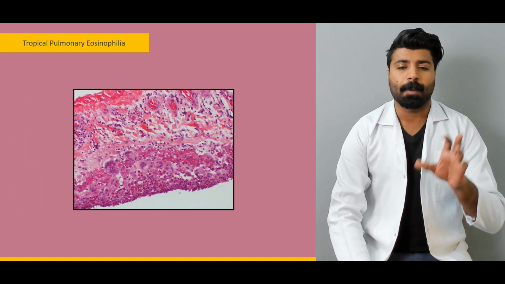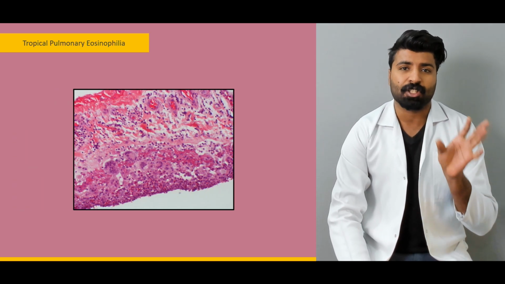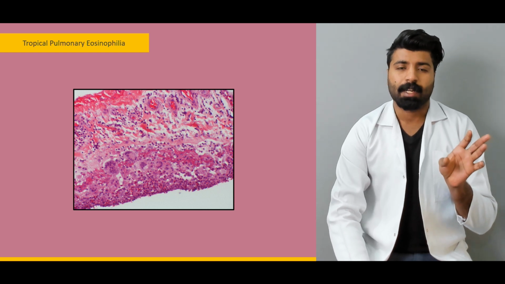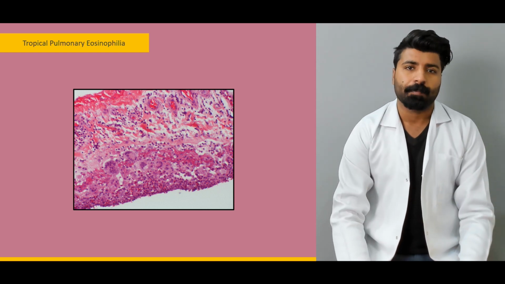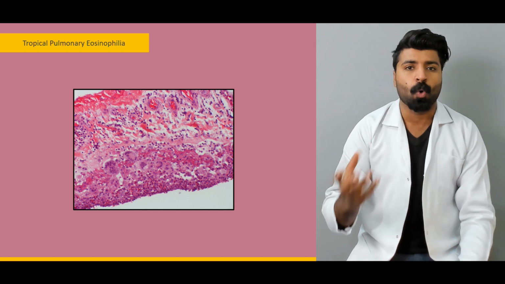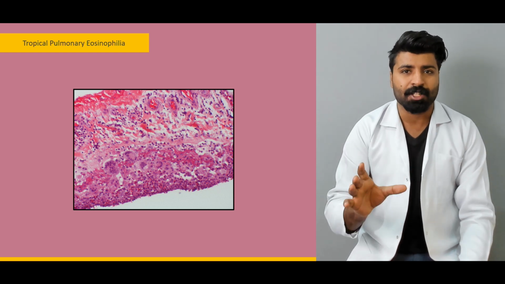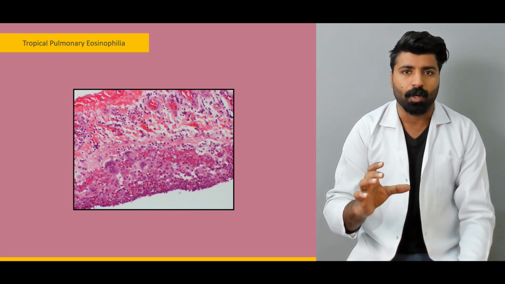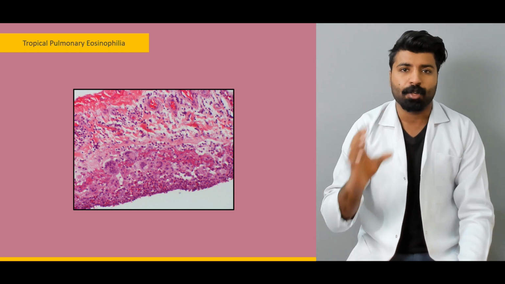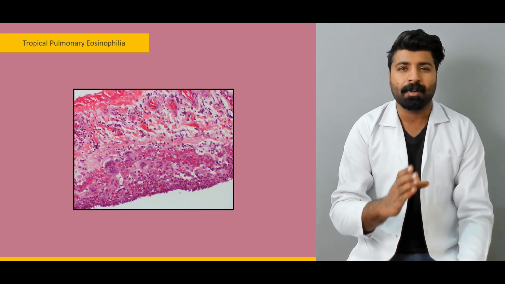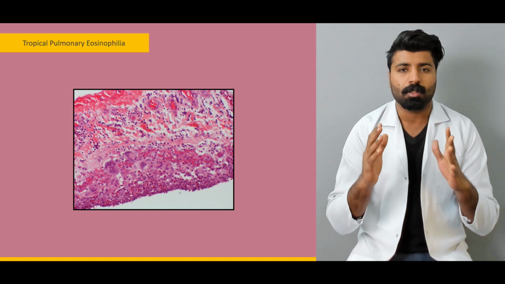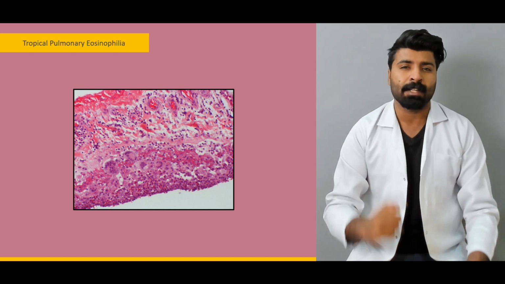Now, tropical pulmonary eosinophilia. These three words came from very different origins. Tropical means those tropical regions, tropical areas in the world. Pulmonary eosinophilia: pulmonary infiltrates and eosinophilia were not combined until the 1930s.